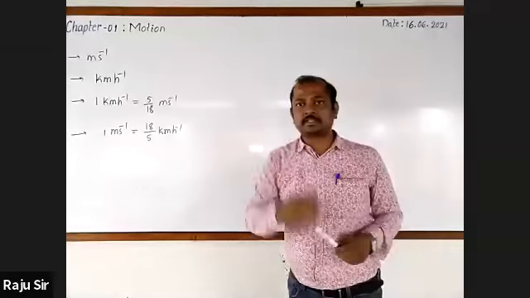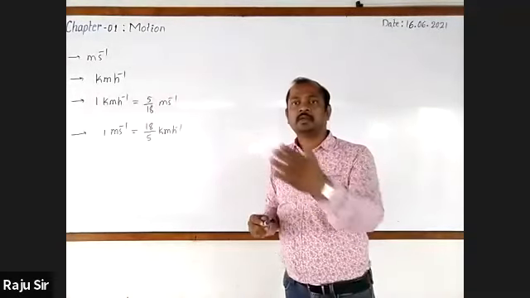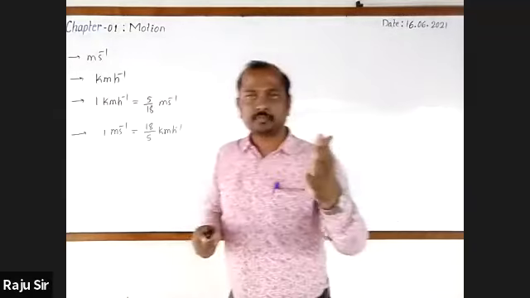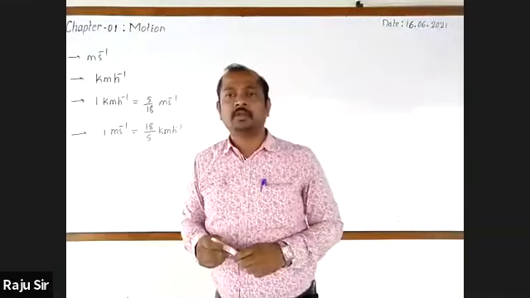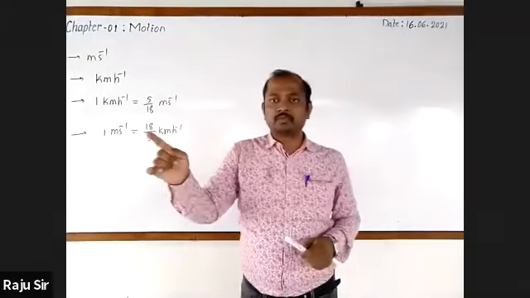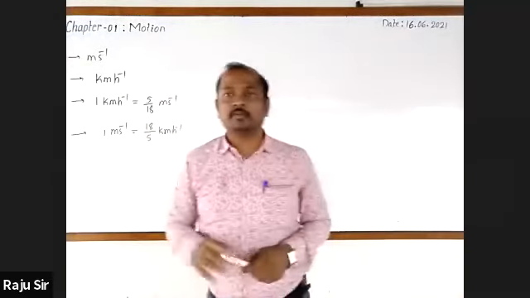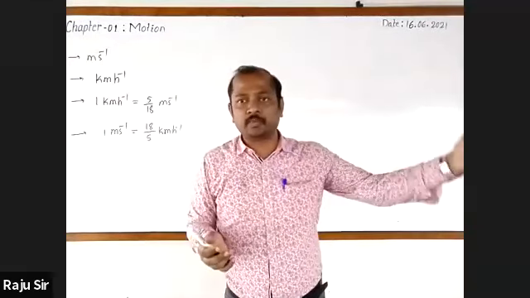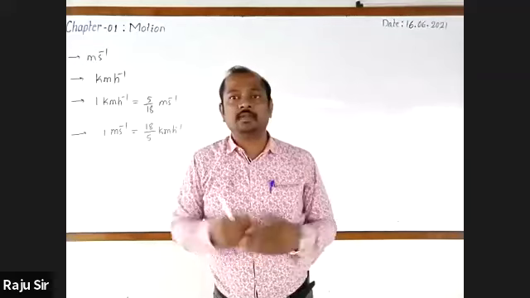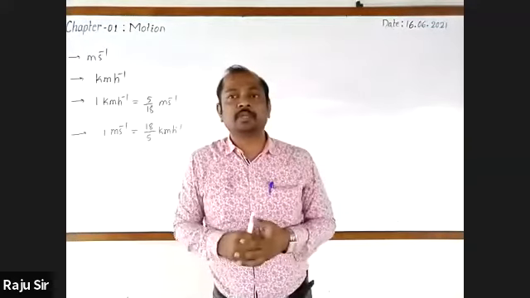Then, as I said, we came across four terms: constant velocity, constant speed, average velocity, average speed. When a body moves along a straight line, if it covers equal distances in equal intervals of time, then what do you say about the motion of that body?